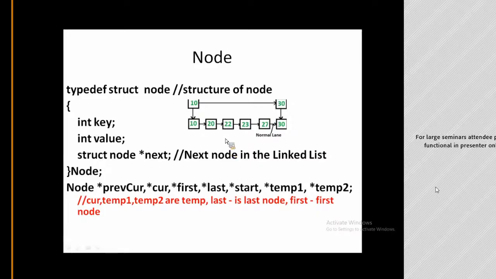So I come over here, store the next address in temp1, create an isolated node. The next of this isolated node should get connected to 22, and the next of this 20 should get connected to this newly created node. That's the reason why you sometimes require temp1 and temp2.